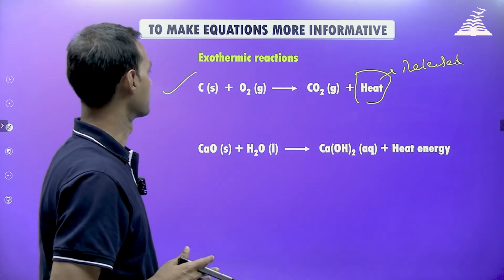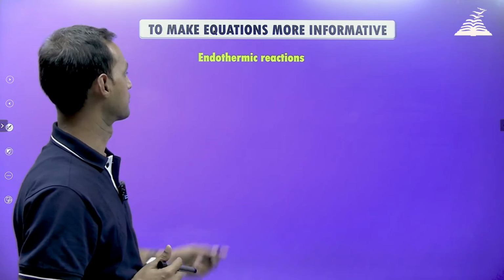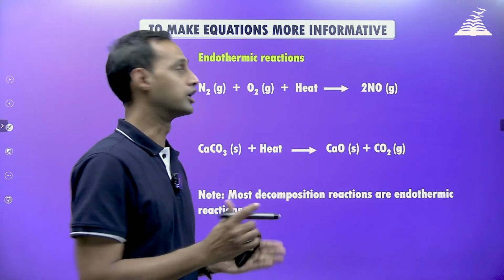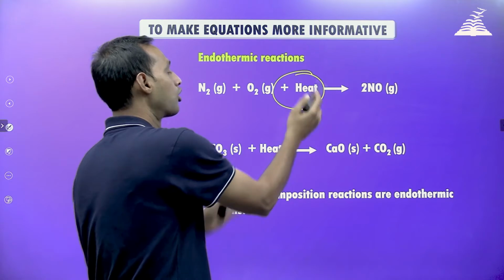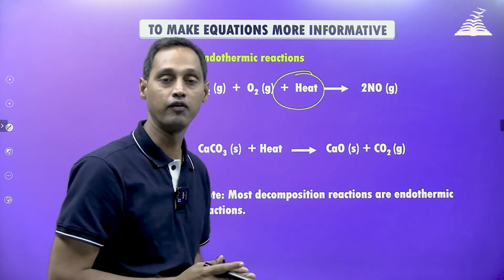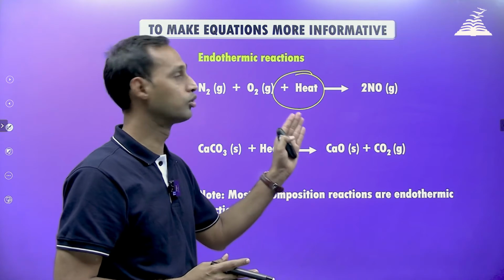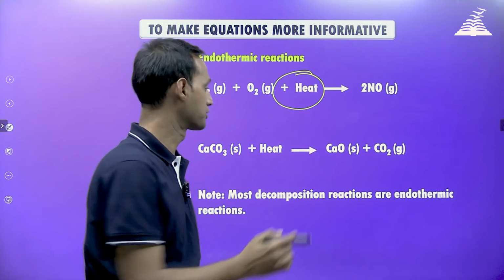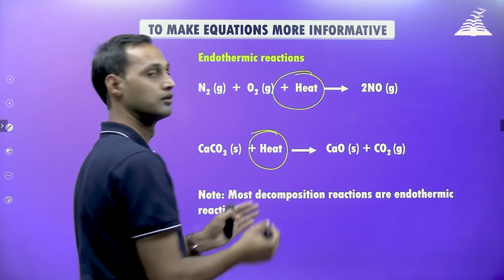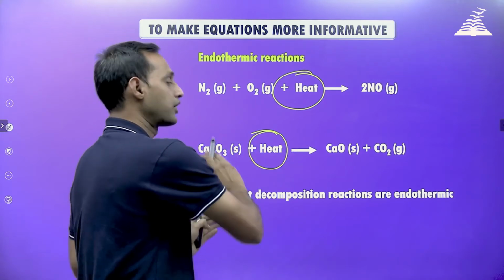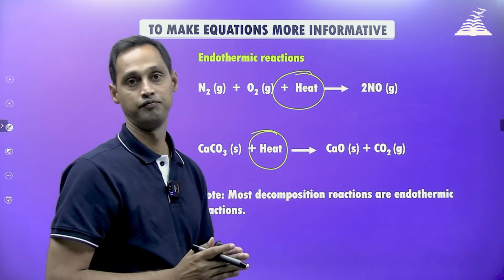Next, moving to endothermic reactions. Here, plus heat is written on the left hand side of the equation. So that is how we indicate endothermic reactions. See here, the substance plus heat is written on the left hand side of the equation.